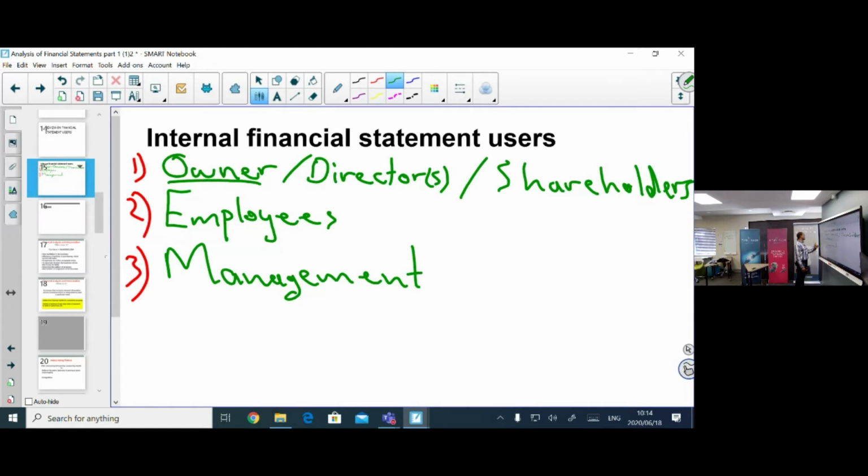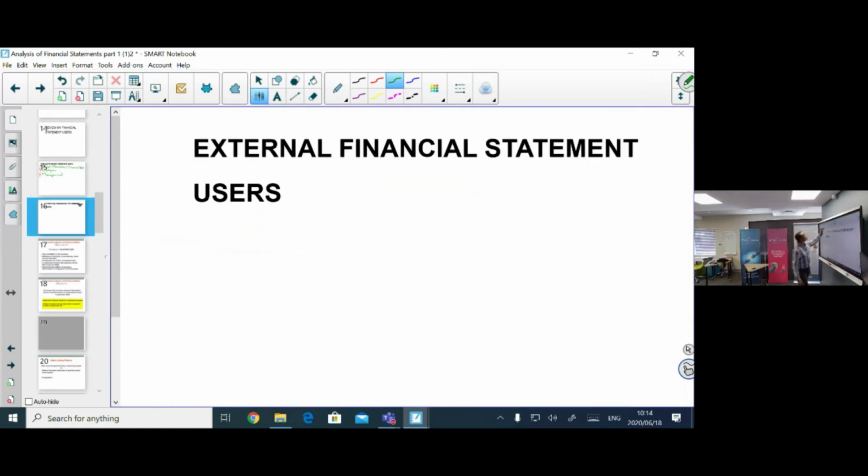Then we move to the next one, the external one. I'll just list four.